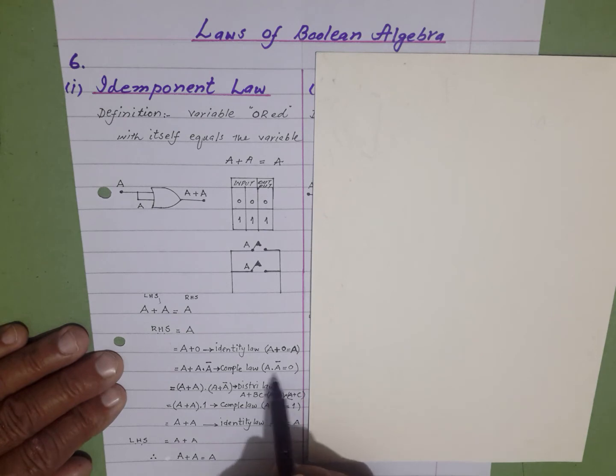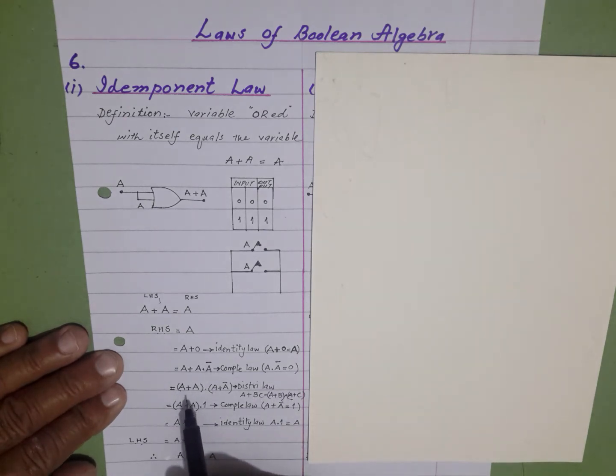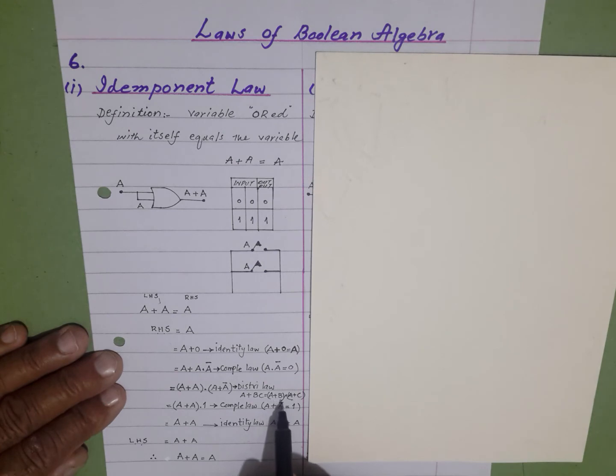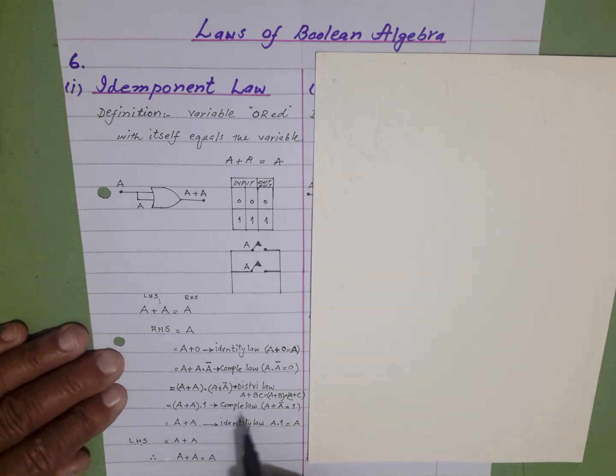Therefore we get A plus A dot A bar, and with the help of the distributive law we can write A plus A dot A plus A bar. The distributive law says A plus B C is equal to A plus B dot A plus C.